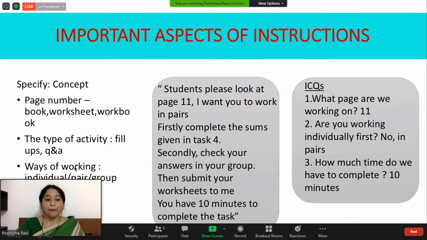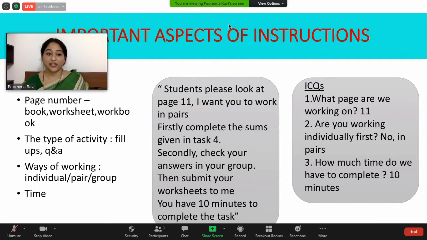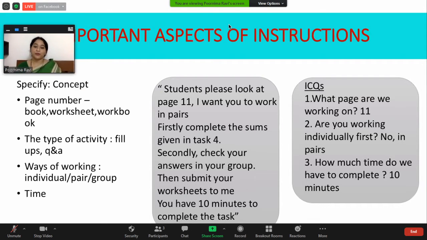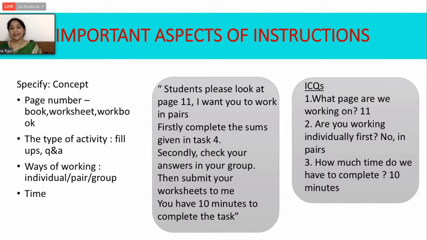Now, important aspects of instructions. The first thing that is crucial is inform the page number, the workbook or worksheet that they're going to be using. What is the material that they will be working on? It would definitely have a page number. If it doesn't, you would have to make a page number for it. The type of activity that they'll be doing.